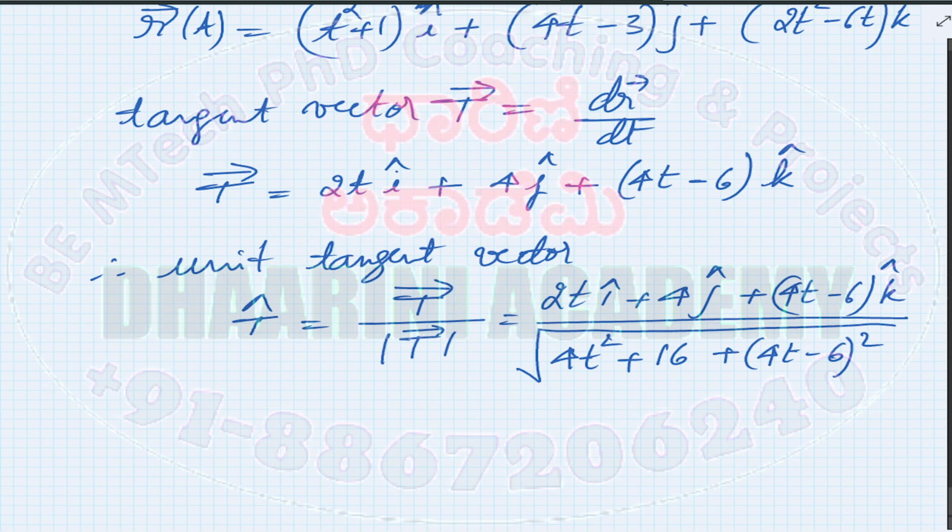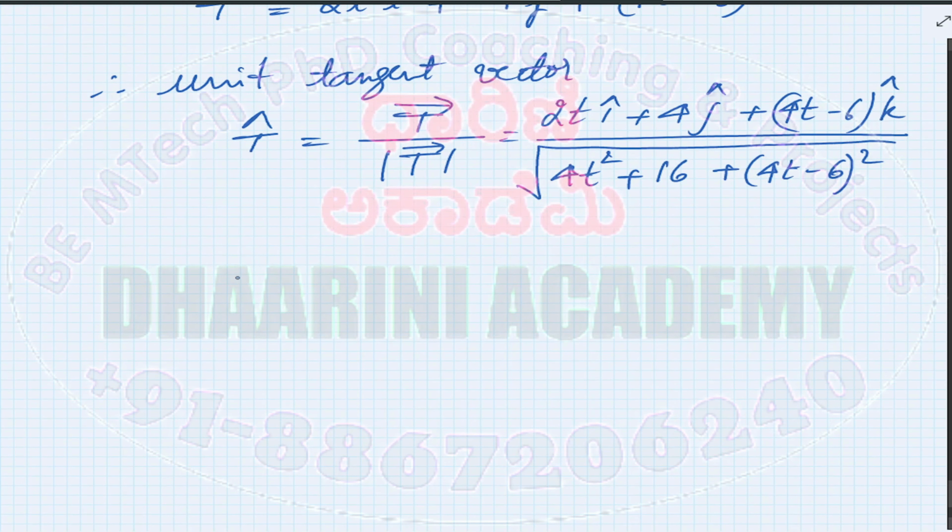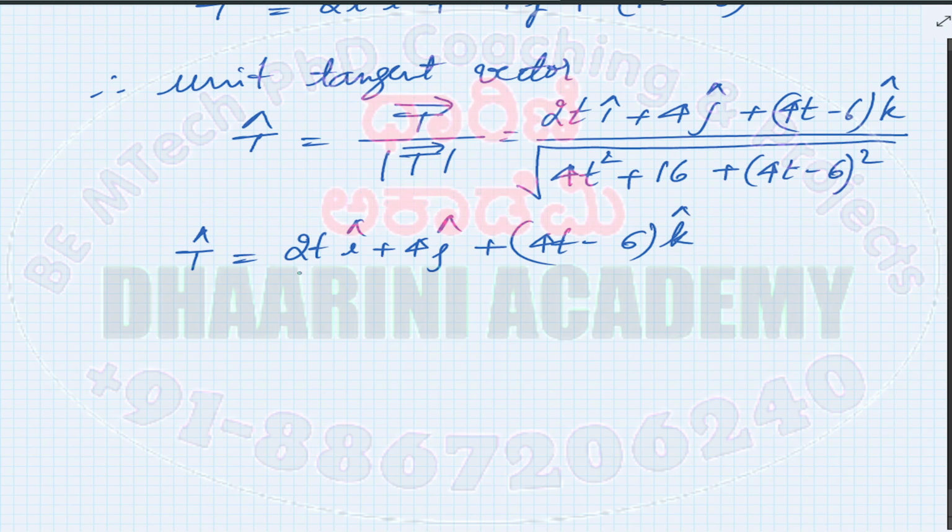Okay, now let's try to simplify this further. So t cap is equal to 2t into I cap plus 4 into j cap plus 4t minus 6 times k cap whole divided by square root of, let's expand the term.